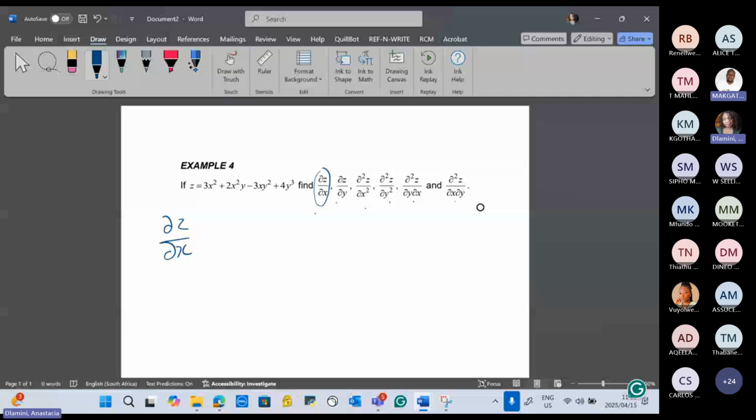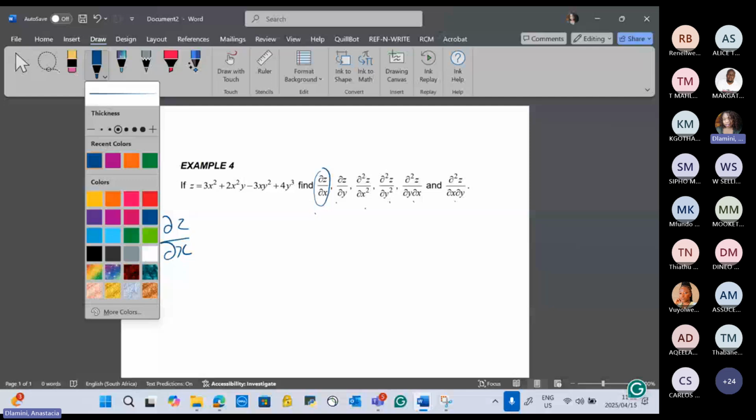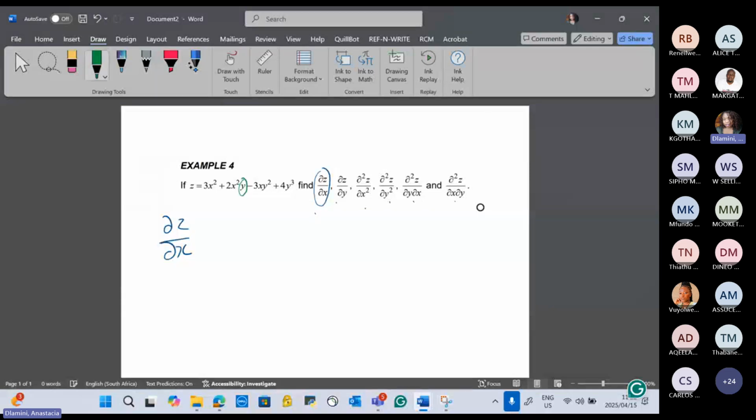Ignore all the y's for now. You keep them as a constant, and then differentiate the x's only. So you can say, okay, fine, here's my y, here is a constant. Here's my y, here is a constant. Here's my y, here is a constant. Are we all together?